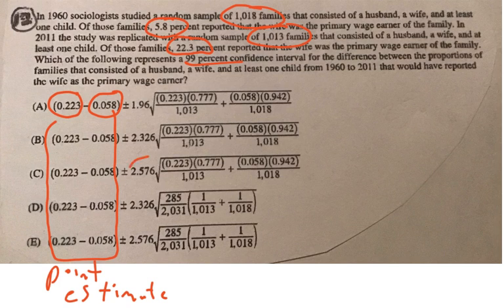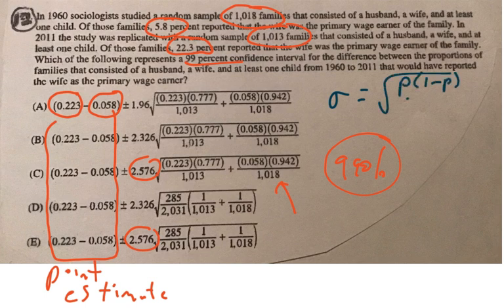But we want to look either here or here because those are the only two at 99%. So if you look carefully, this one is set up the way we learned it. Remember that standard deviation is going to be the square root of P(1 minus P) over N, like so. And that's what you see here and here.